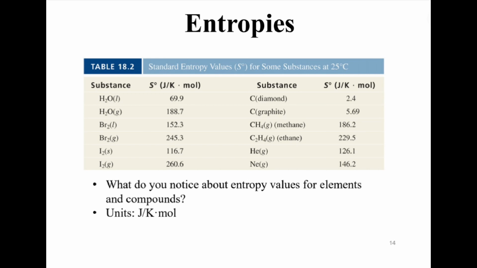Now what do you notice about entropy values for the elements and compounds? For the elements, for example helium and neon here, carbon and graphite as well as the compounds, what have you noticed about these entropy values? The enthalpy of formation of elements is zero, but the entropy value for elements is not zero.